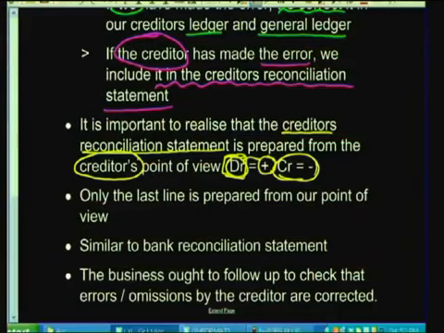In the same way, any entry that decreases our account will go on the credit side because it's an asset to that creditor that has now gone down in value. It's as if we've paid some money back. The credit side goes down if you're a debtor. So any negative entry will appear on the credit side of the creditor's reconciliation statement.